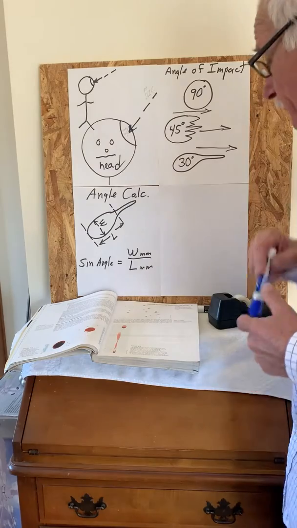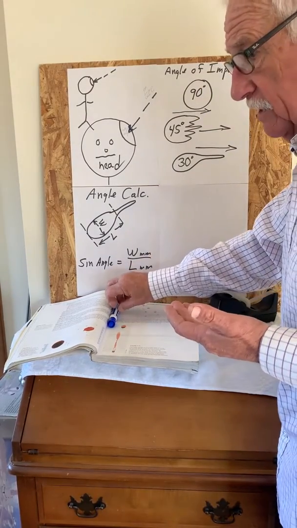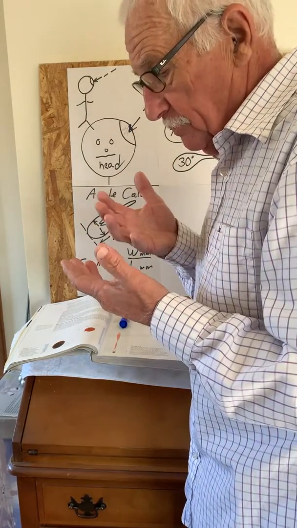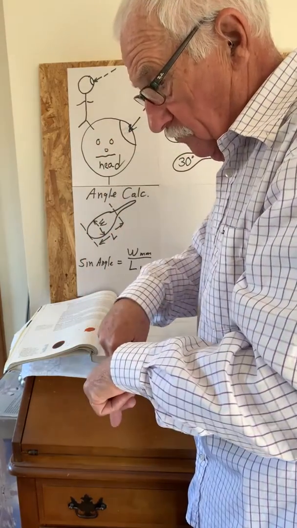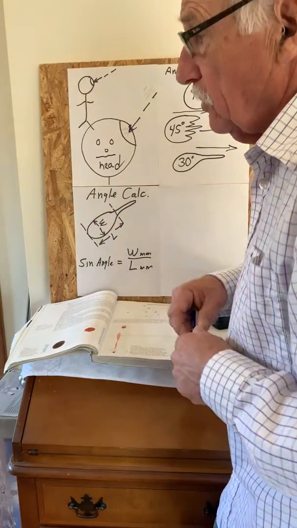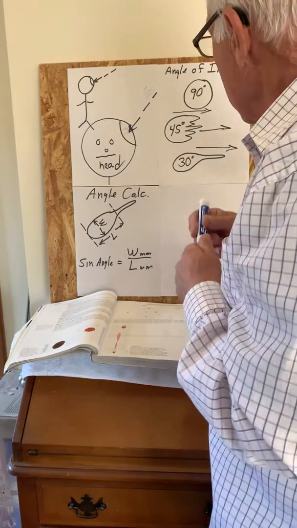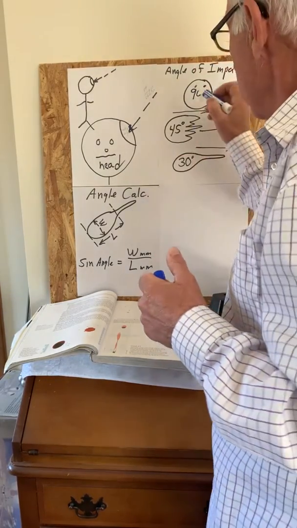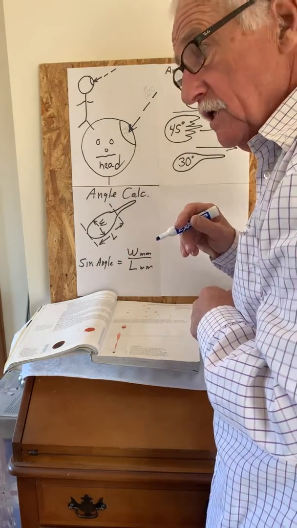This one up here, for instance, is at 90 degrees. And if you think about it, if you stand and all of a sudden your nose starts bleeding, the blood drops out of your nose and hits the ground surface at 90 degrees. And when that occurs, the geometry of that impact is a perfect circle where the width and the length, the diameters, would be equal.